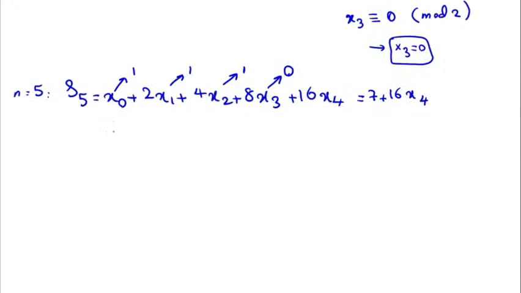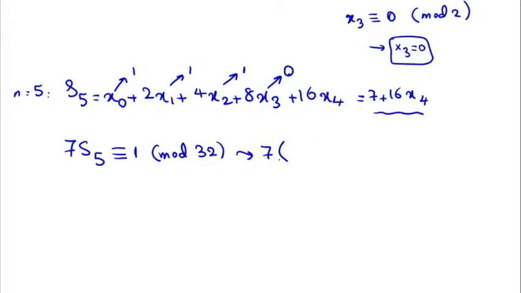Now, we know by the assumption of the problem, 7S5 is congruent to 1 mod 2 to the n, which is 32. And if we replace S5 with this part, it will be 7 times 7 plus 16x4 congruent to 1 mod 32.